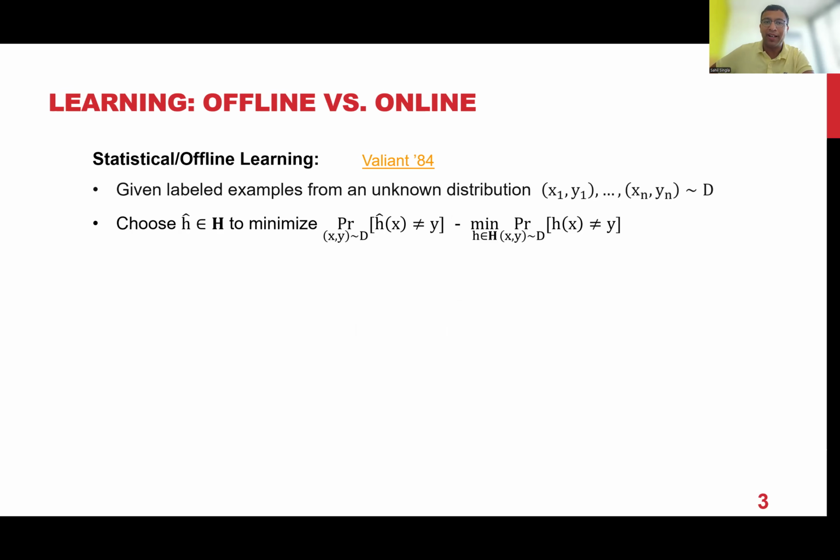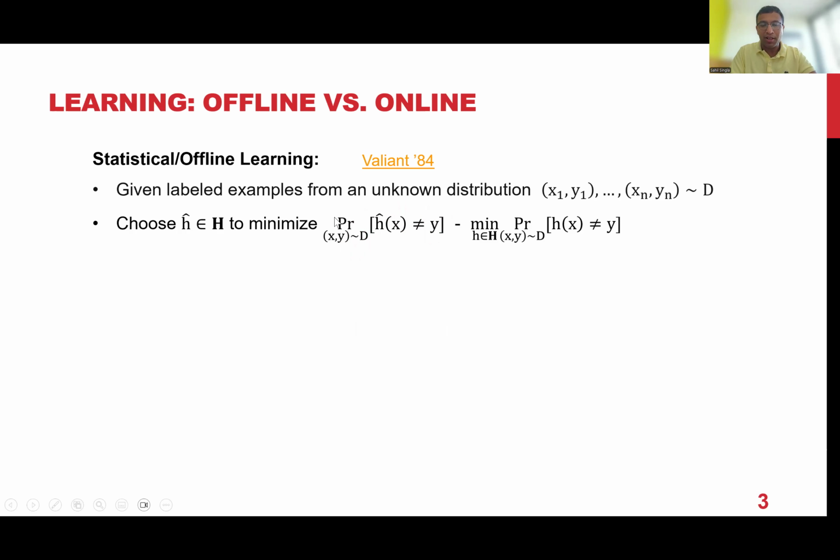The goal is to find a hypothesis h hat that minimizes the error probability, which is the probability of h hat of x being not equal to y. This is the probability that you make an error if I draw a fresh sample x, y from the underlying distribution.